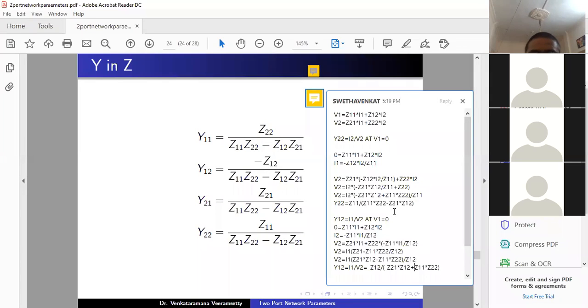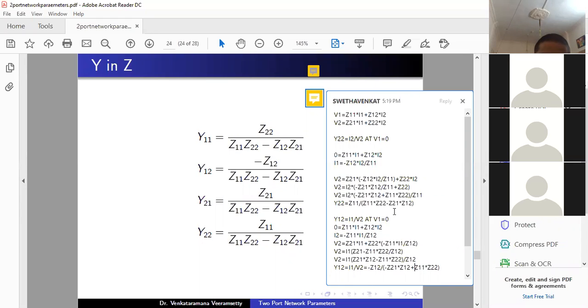Similarly, you can find the H parameters in terms of Z, Y, and ABCD. If you want, I will continue for the ABCD and H also, but I have confidence that you can do it yourself. Otherwise, I will move to the other topics in the two-port network parameters. Let me know your decision in tomorrow's class.